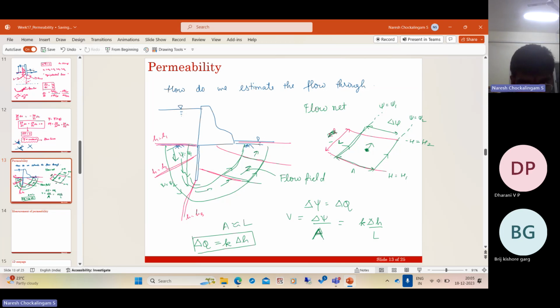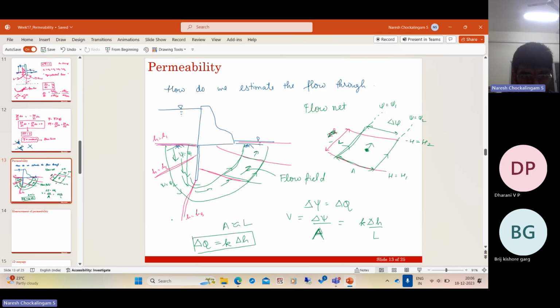And the amount of water that flows through this flow channel is nothing but, if you consider two successive equipotential lines, by Darcy's law, the permeability multiplied by the head loss.